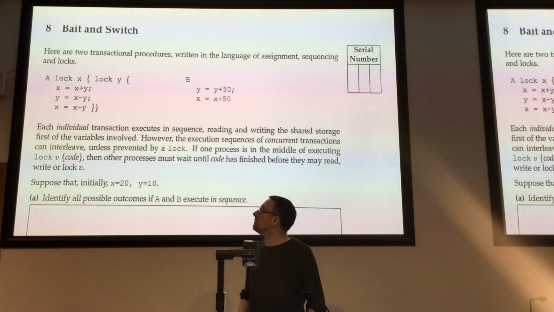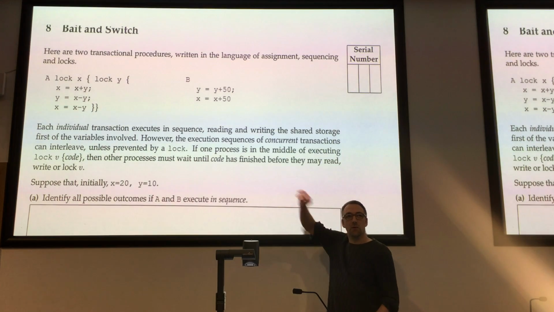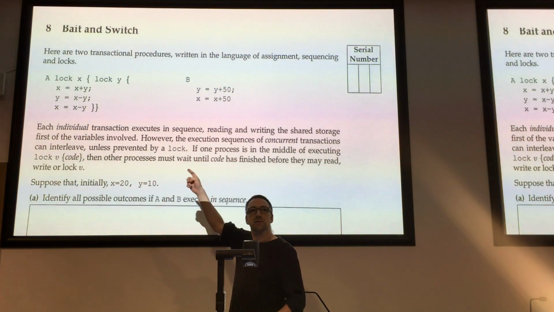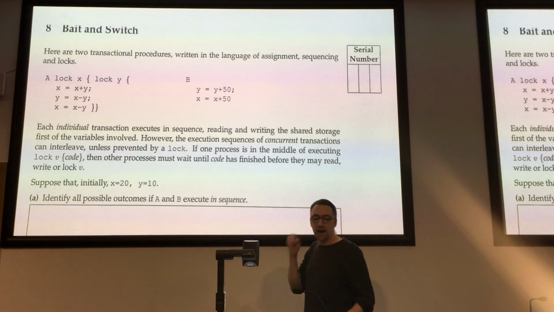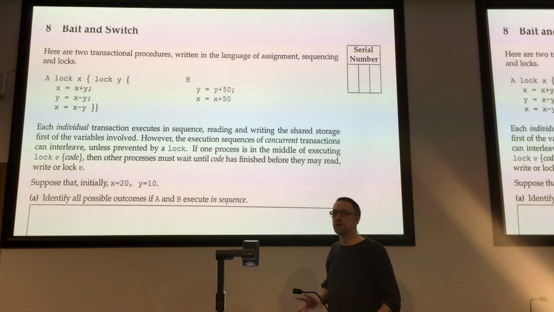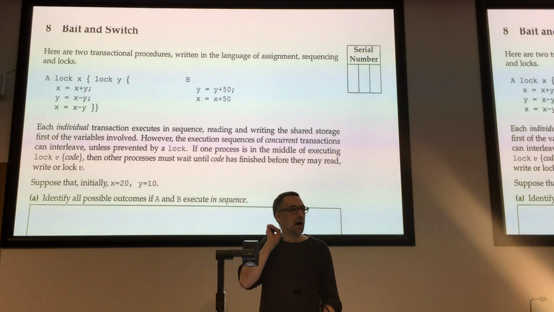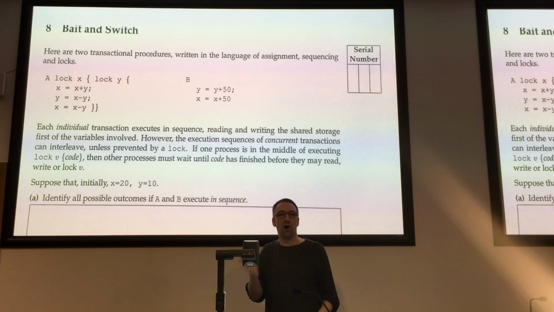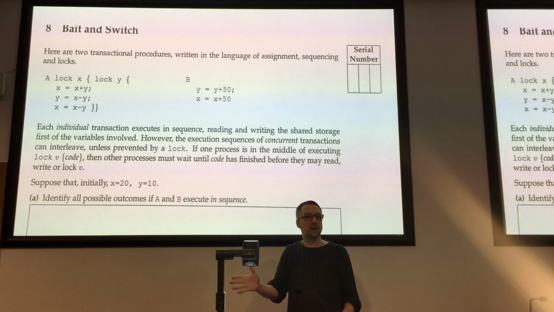On the inside, it messes with X and Y in some funny way, and on the outside, it locks exactly the things it's messing with. Okay? So whatever happens, assuming there's no deadlocks, if A can manage to take its locks, it will execute as if it's a single action.